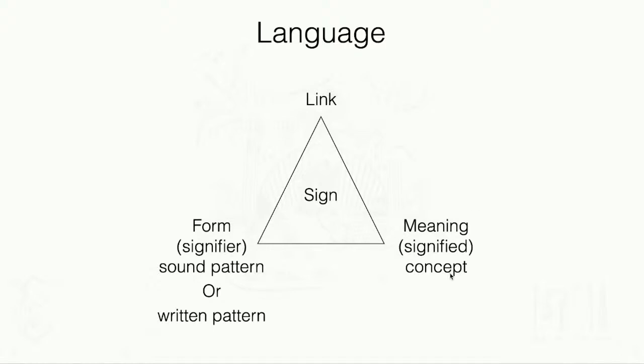If you picture two sides of a coin, you have form and meaning: the sound pattern or written pattern on one side, and the concept on the other side. Then you have the link between the two. And these three points, this unit, is referred to linguistically as a sign.